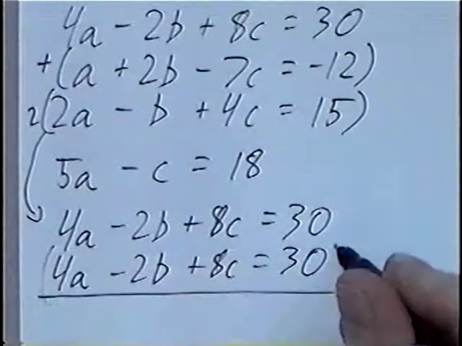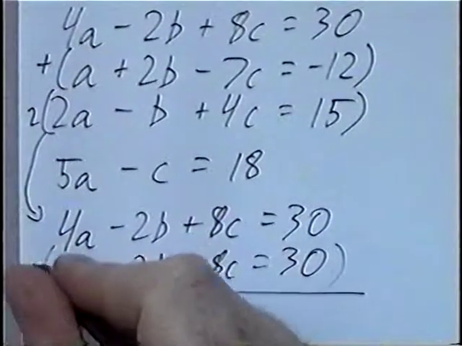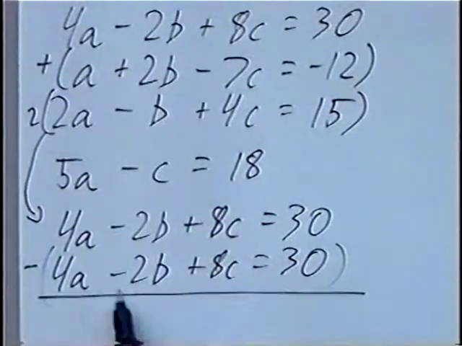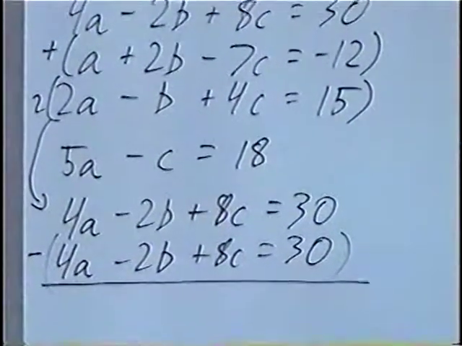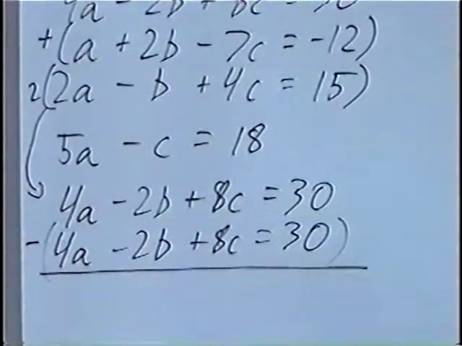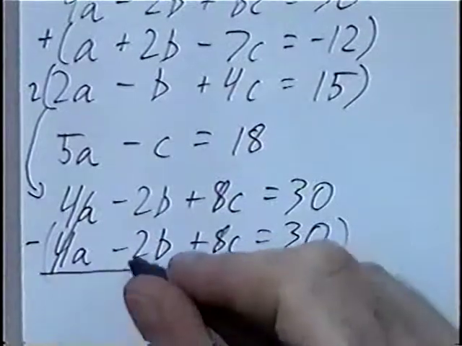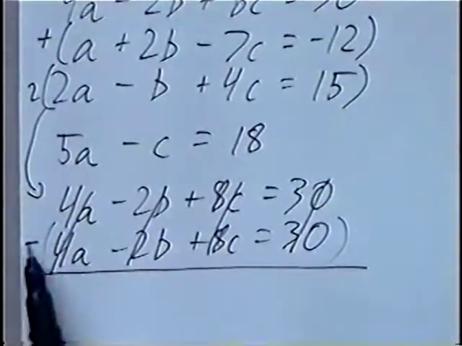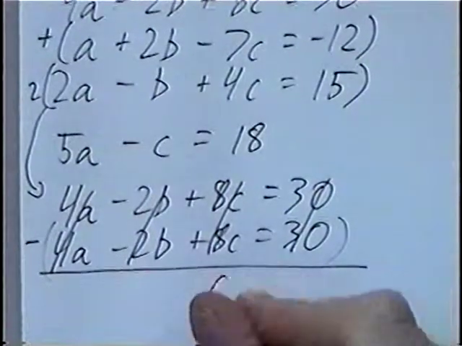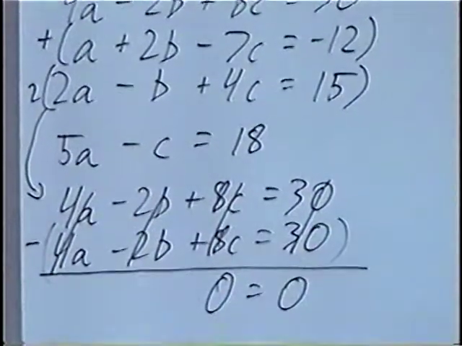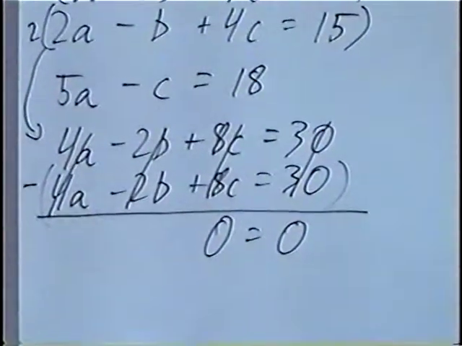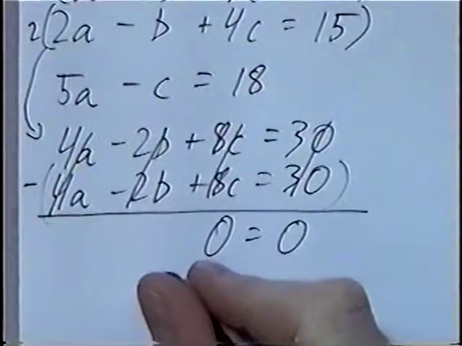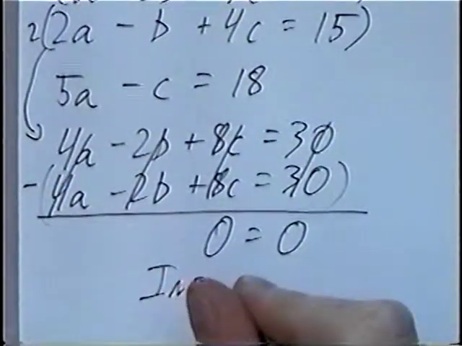To combine these, we can subtract, because again, negative 2b minus a negative 2b would cancel. But in this case, the a's also cancel, the b's cancel, the c's cancel, and the 30s cancel when you subtract them. So we'll be left with 0 equals 0. And if you remember from previous sections, this would be infinite solutions.